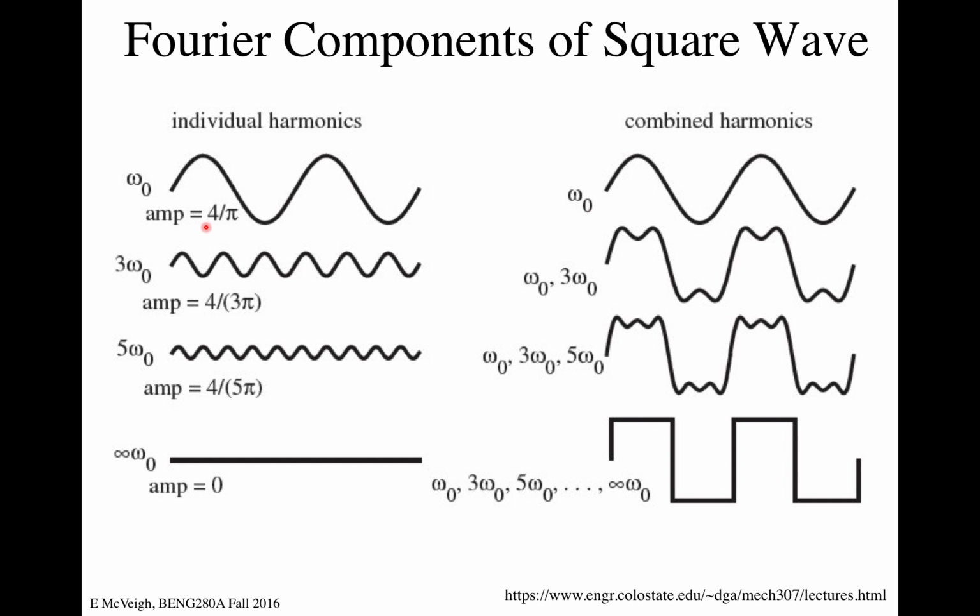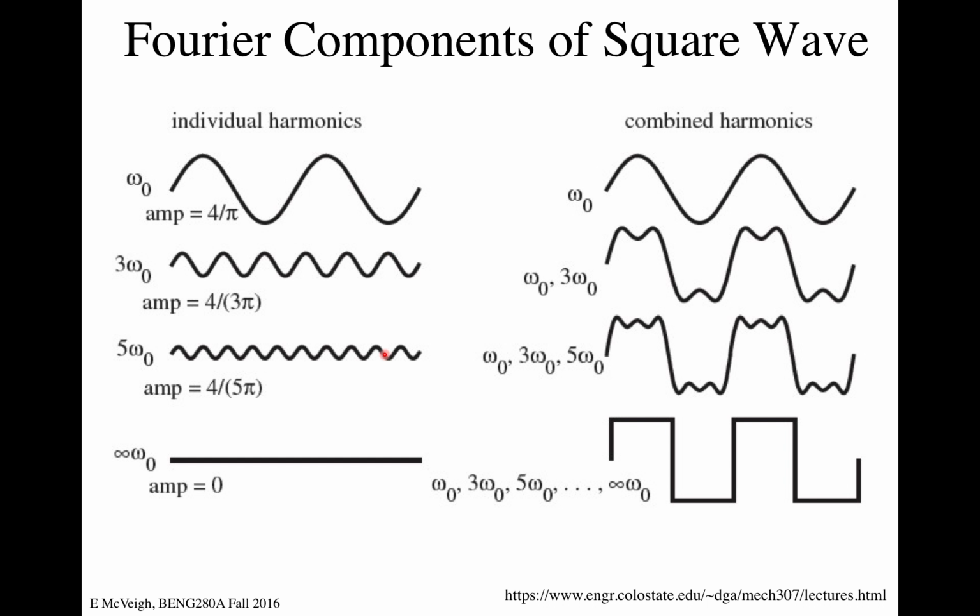And then as we add higher frequencies to this function, we start getting oscillations in the function, but a sharper edge here, right? So the frequency is sharpening up this edge. Then I add another sine wave at a higher frequency, but a reduced amplitude, and you get a sharper edge and more oscillations in the flat top part.